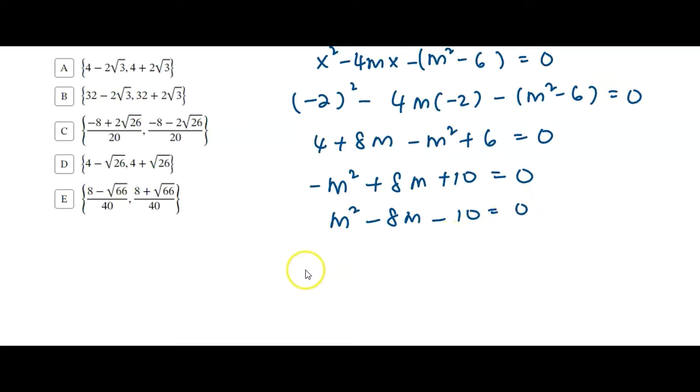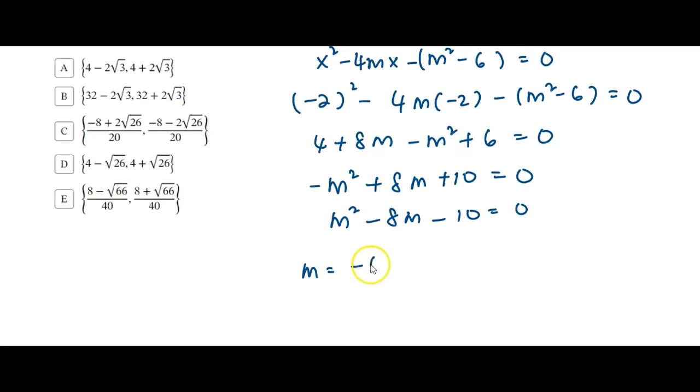So we can solve for m by using the formula, because you can see that all the answers given over here are surds. Okay, so this quadratic equation cannot be factorized.